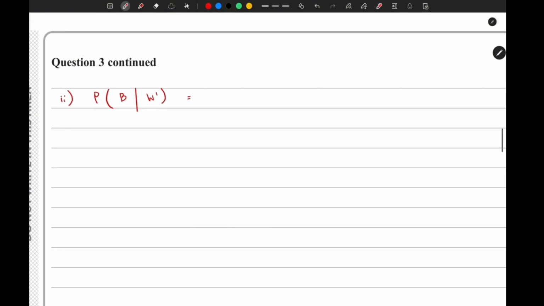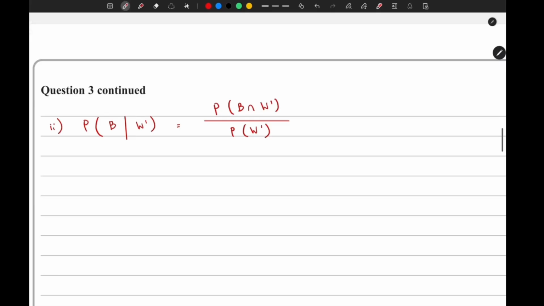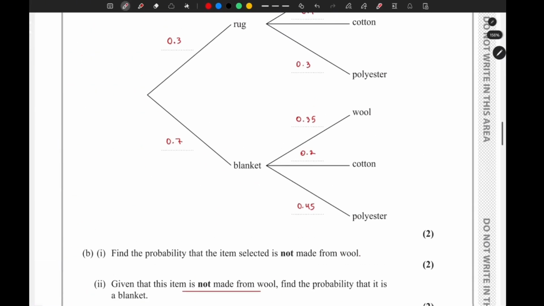We know that the formula for this is probability of B intersection W prime divided by probability of W prime. So let's first find the probability of B intersection W prime.